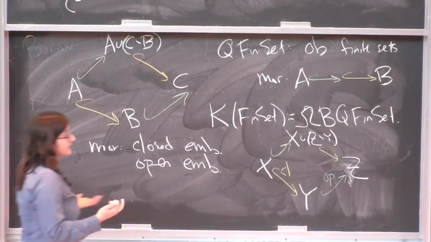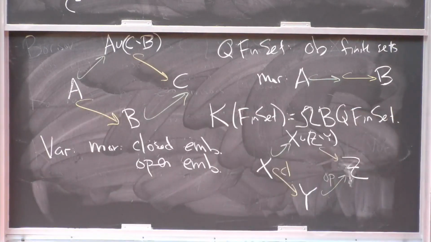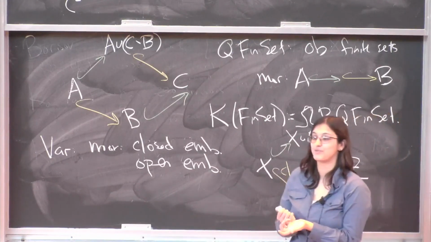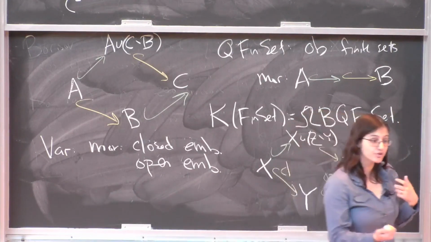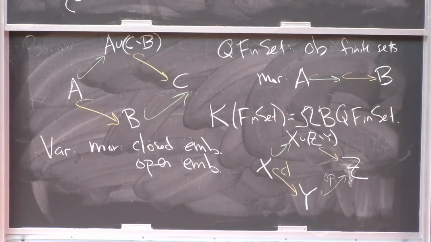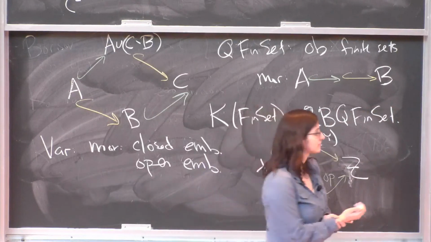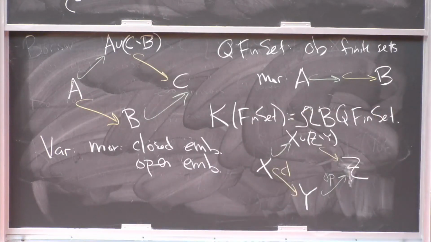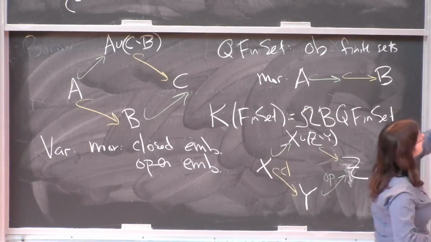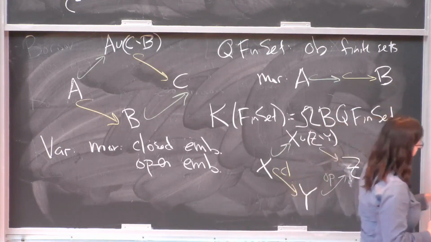So it makes sense that this space should remember important information about, say, piecewise automorphisms of varieties. And if we quotient out by lower dimensional varieties, that should remember things like birational automorphism information. So this is morally why this should be the correct thing to do.